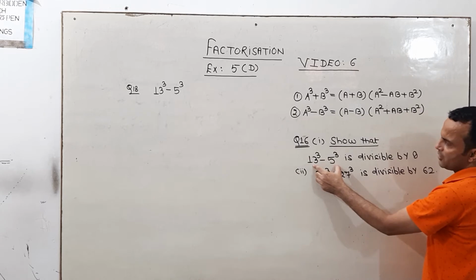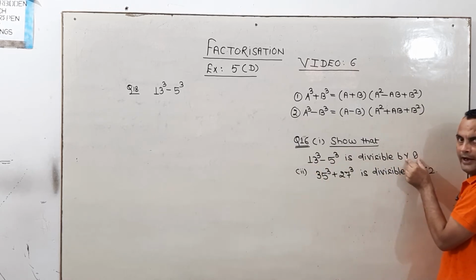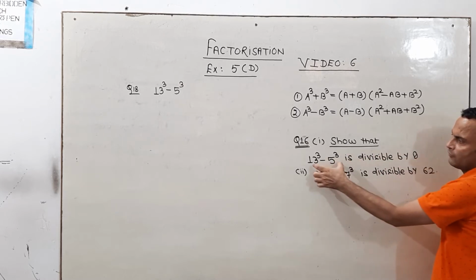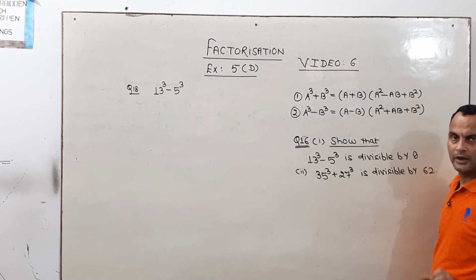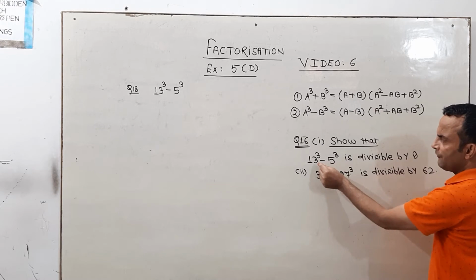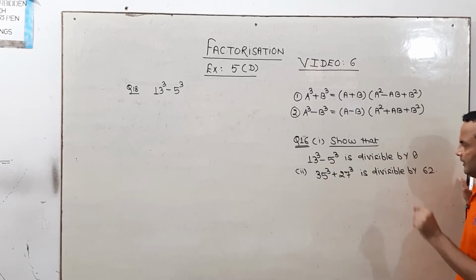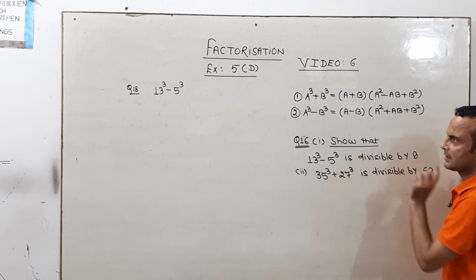If this expression is divisible by 8, then 8 is the factor of this expression. Keep in mind, if 13 cube minus 5 cube is divisible by 8, then 8 must be the factor of this given expression.